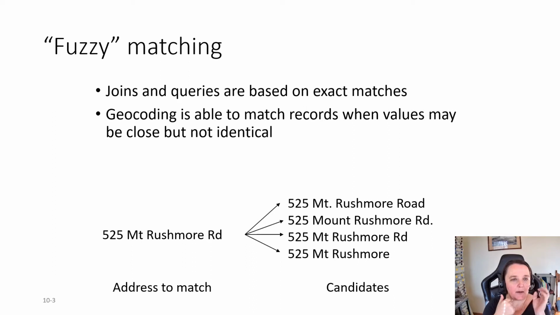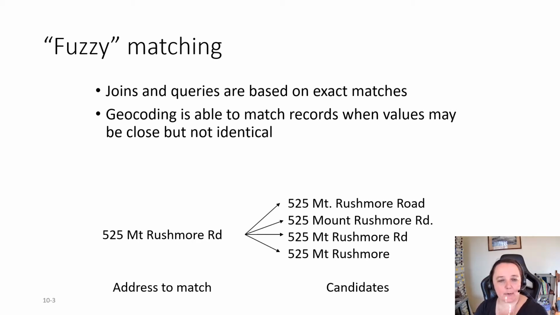Geocoding can do something called fuzzy matching, which means that when you type something into, for example, Google Maps, there might be more than one way to type that in, and the computer needs to be able to figure out how to match your way of writing that address with the correct address.